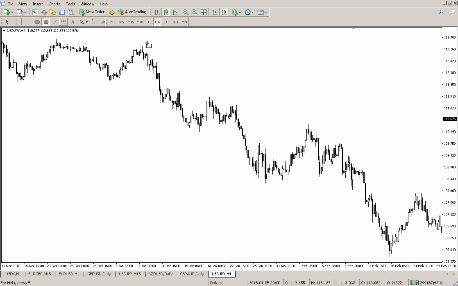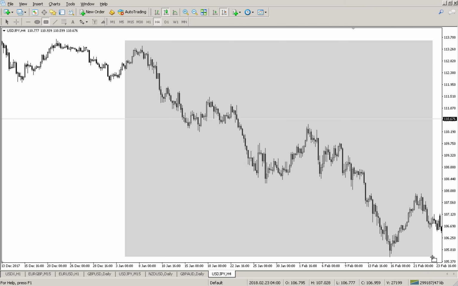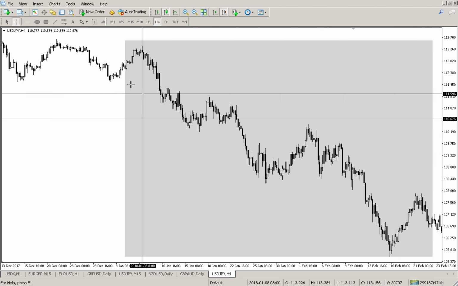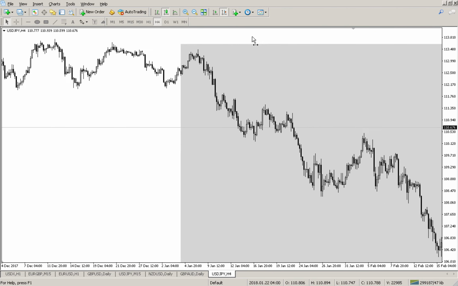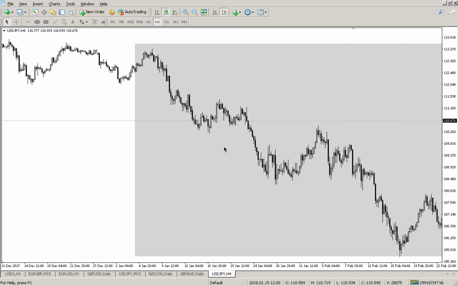Let's say we're talking about this whole area of price right here. I'm just going to draw it out for you. In this instance, price did break out of that range and we saw lower prices, all right? So the first thing I want to be doing is using the Fibonacci in these situations to understand when it's the best time to sell and when it's the best time to buy.